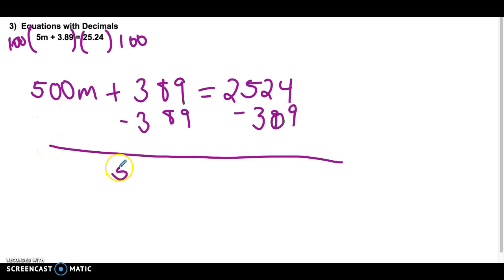I'm going to get 500m equals, this is an 8, so this is going to be 5,312. And then divide both sides by 500.